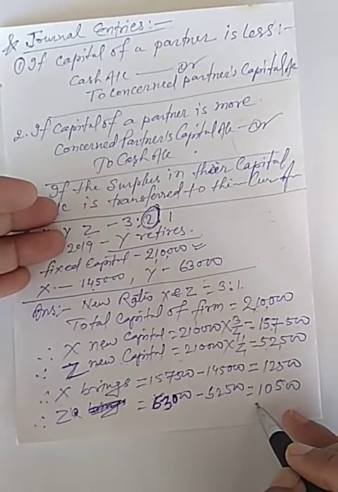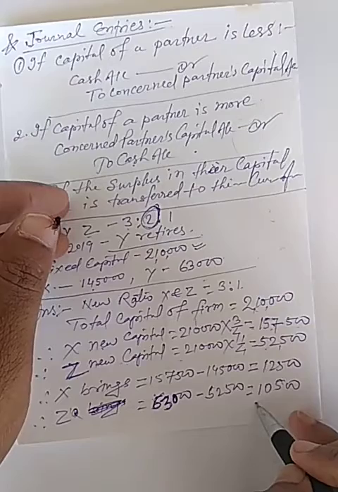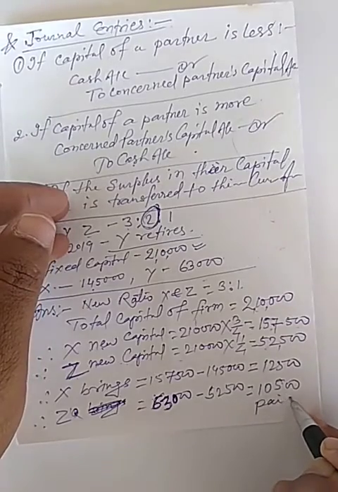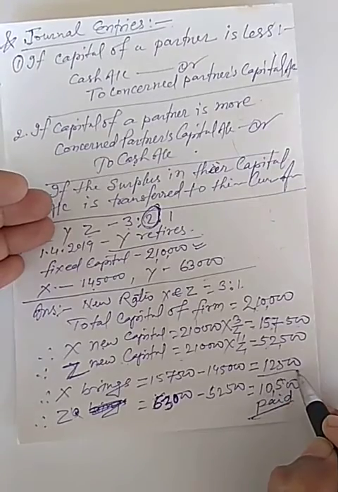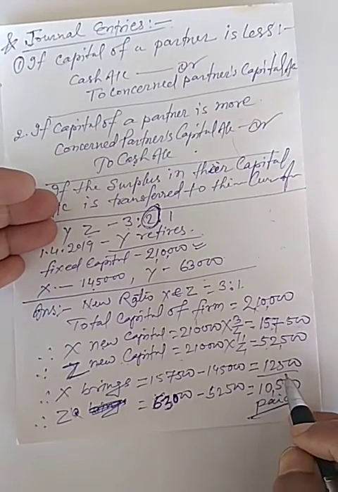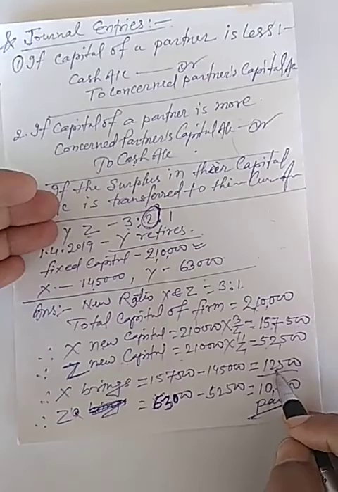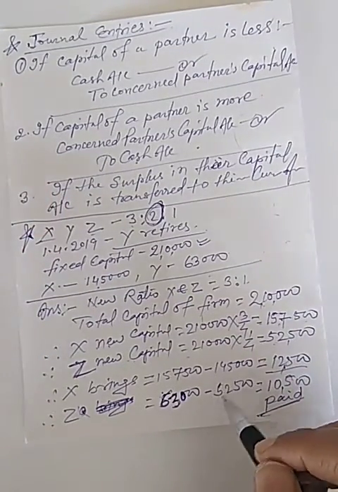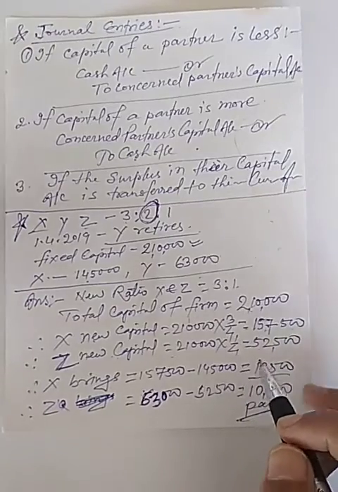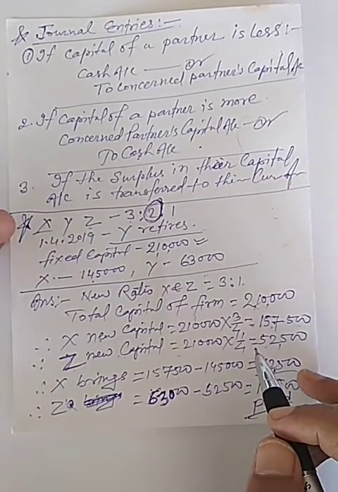So Z is to be paid 10,500, and X has to bring 12,500. This is the example of adjustment of capital.